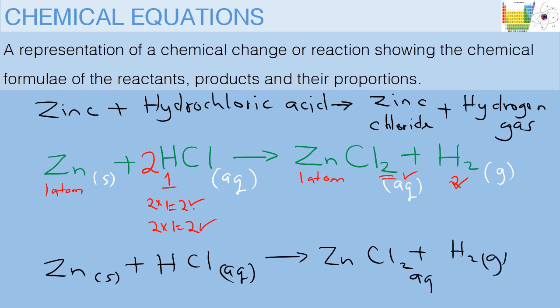Zinc chloride is aqueous, and we just add a 2 before hydrochloric acid, and the equation is balanced. Carry out more practice with different equations for you to perfect your skills on writing and balancing chemical equations.